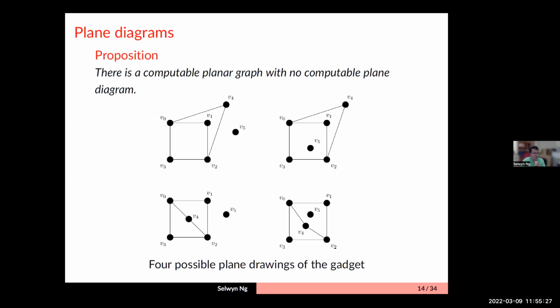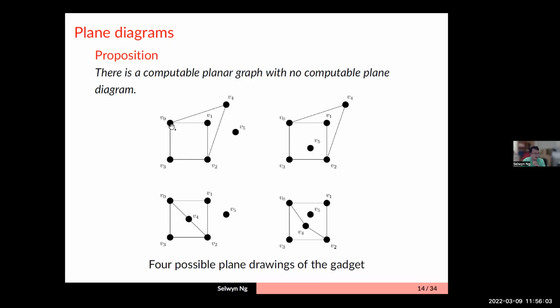Because I'm not going to assume that the embedding or the isomorphism to the diagram is computable, but merely that the diagram itself as a set of vertices is computable, we have to build the graph using the usual tricks when building computable structures, to make each gadget or component distinguishable from each other, maybe using cycles of a fixed length or something like that that doesn't interfere with planarity.